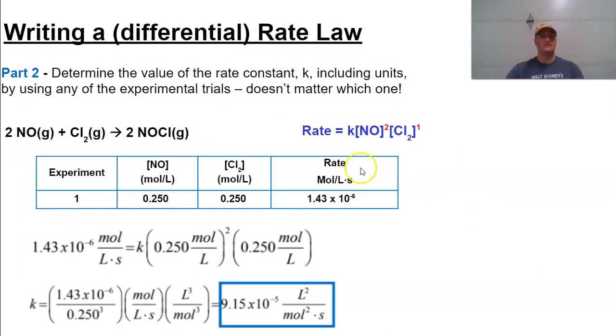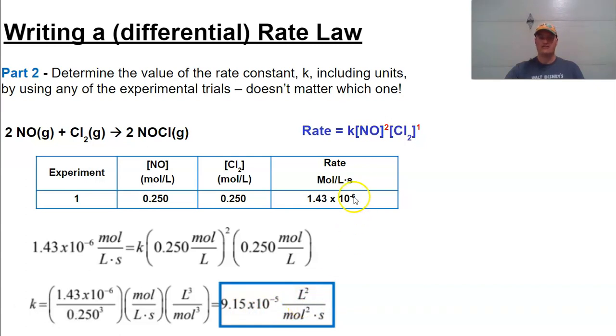So part 2: determine the rate constant, including units. You can use any of the trials, it doesn't matter which one, because now that we know the order, we can plug in the values like we do here, this being squared, this being times 1, and we have our rate at that moment. Multiply all these together, our units cancel out, leaving us with K in liters squared over moles squared times seconds.